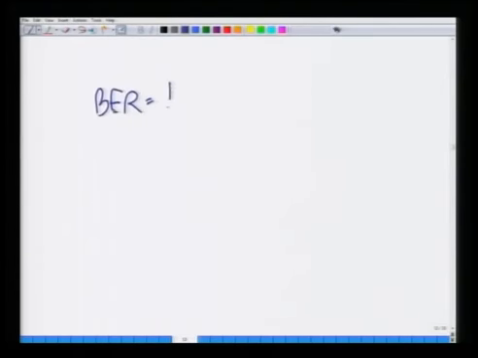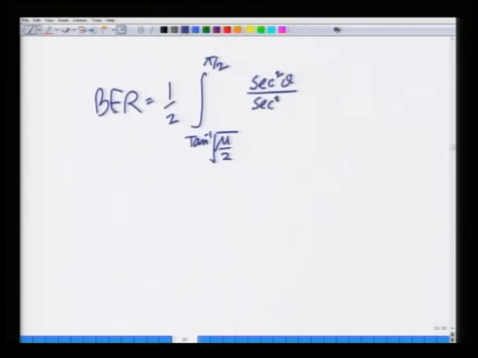So, this integral can be simplified readily as integral tan inverse square root of mu over 2 to pi by 2, secant square theta by secant cube theta d theta. Now, secant square theta by secant cube theta is nothing but 1 over secant theta, which is cos theta.